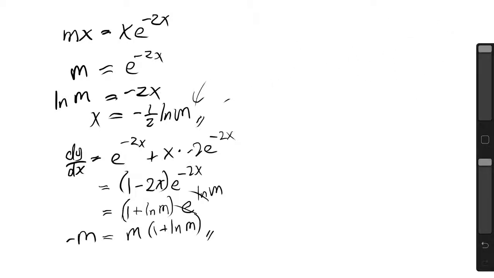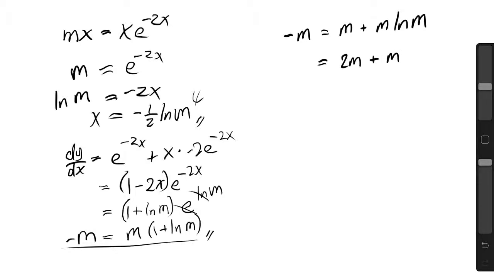And with that said, we can now do some algebra. Let's first open this up, equals m plus m ln m, and we can add m to get 2m plus m ln m equals 0, and I can factorize out, and this is an unnecessary step, isn't it?